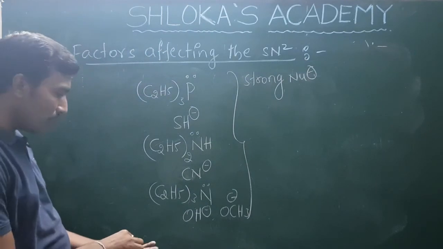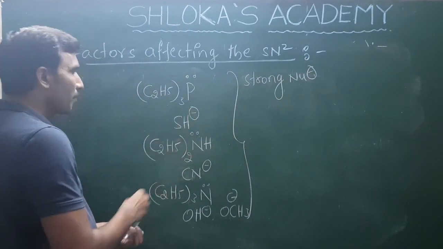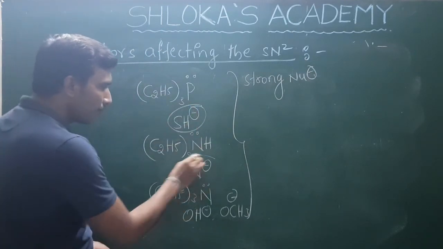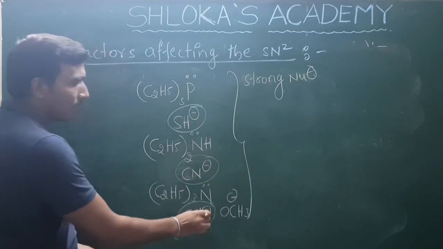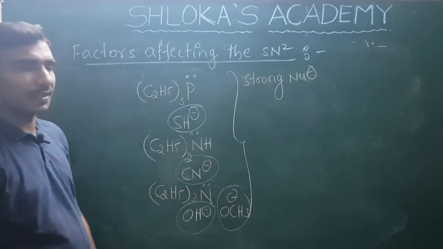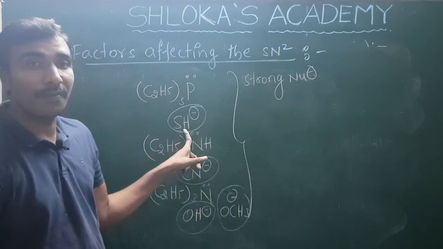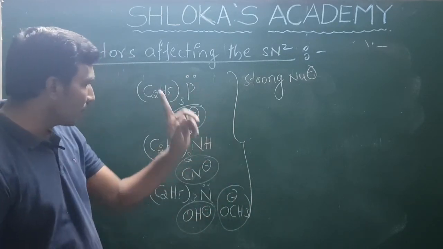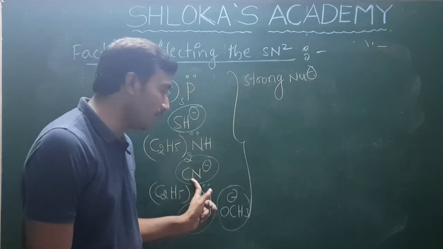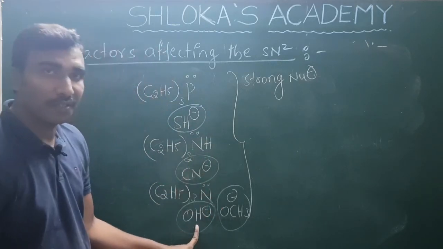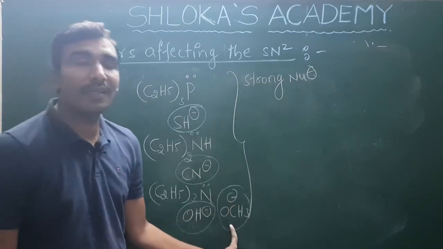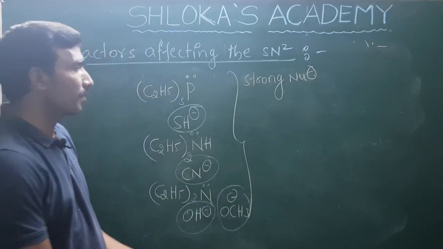Out of all these, usually we will use SH, CN, OH and OCH3. These four we will use very commonly. This results in the formation of thiol, this results in the formation of cyanide, this results in the formation of alcohol, and this results in the formation of ether.